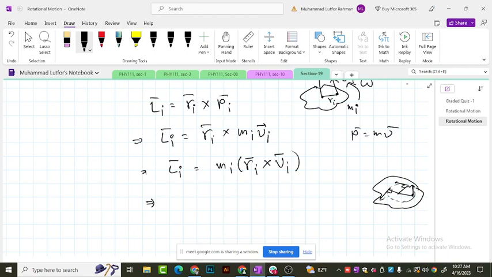And sine 90 is 1, so I will simply write down the magnitude in that case. Li should be mi into ri into vi. Now this vi I can write again as omega into r, because it's rotating with an angular velocity omega.